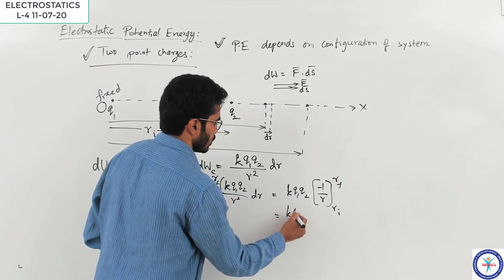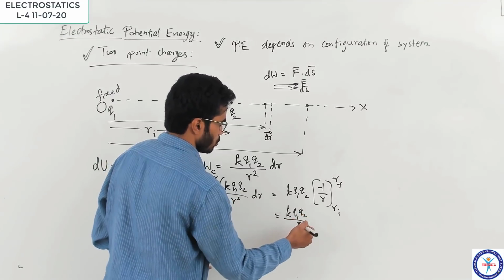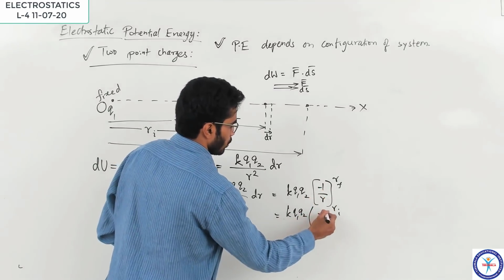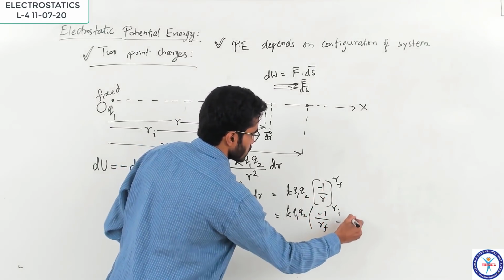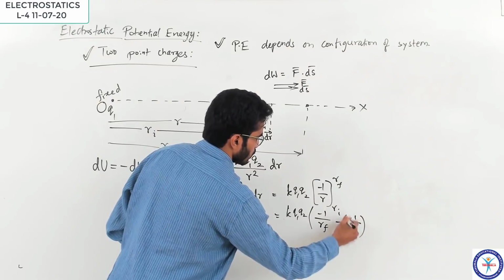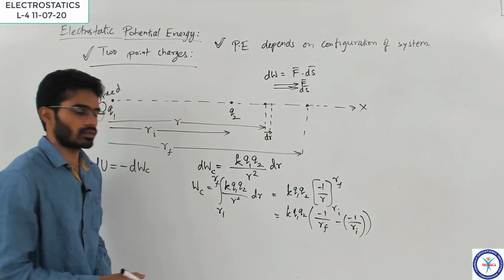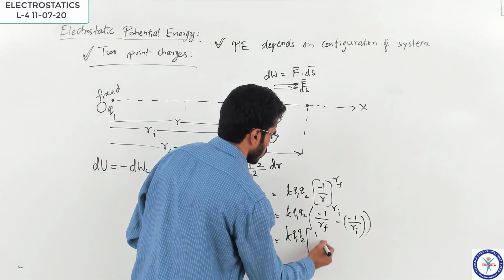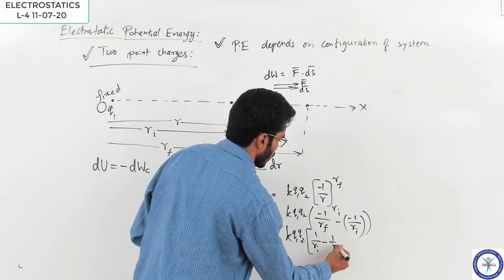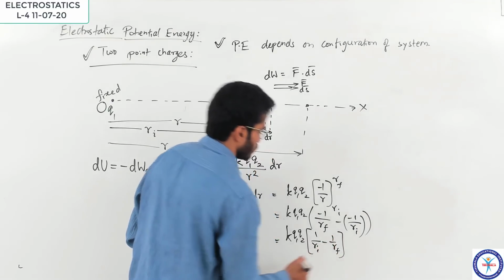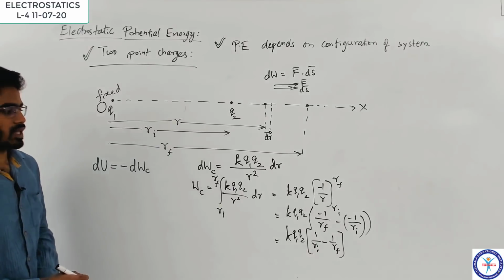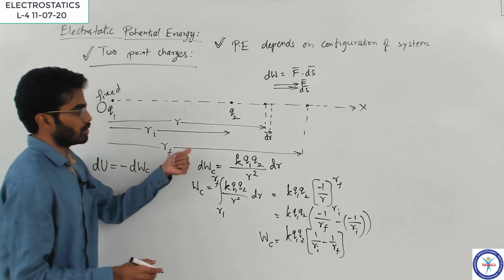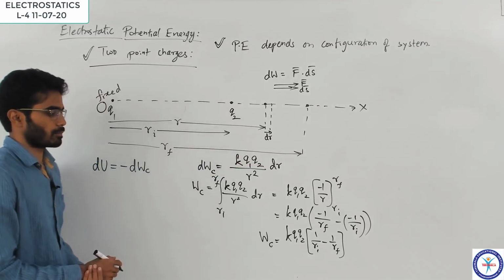If you substitute, k q1 q2 into minus 1 by rf minus 1 by ri, right? So this is k q1 q2 into 1 by ri minus 1 by rf. So this is the work done by the conservative force in taking it from the initial to the final position.